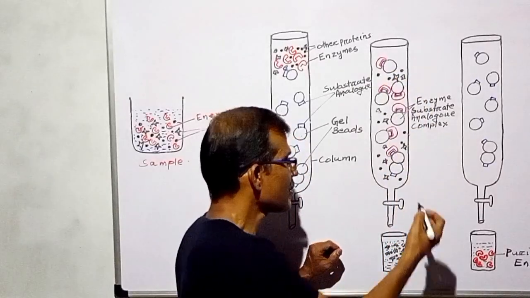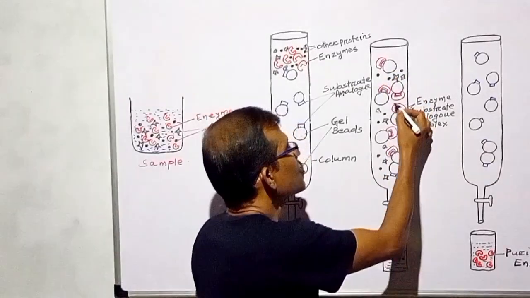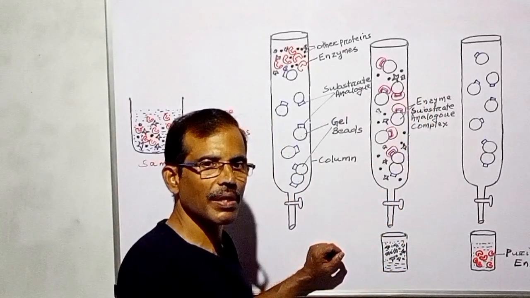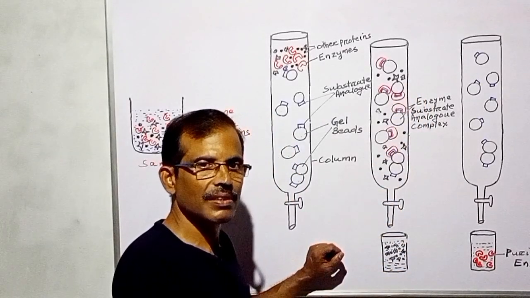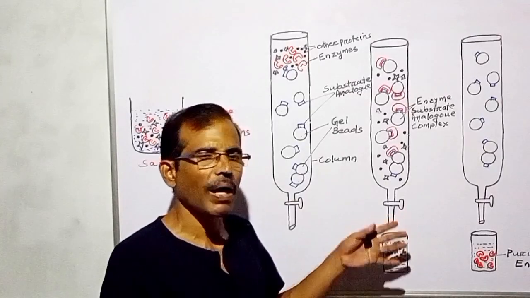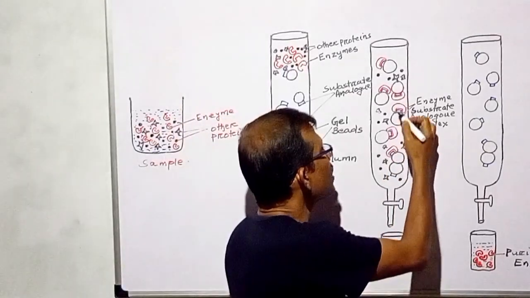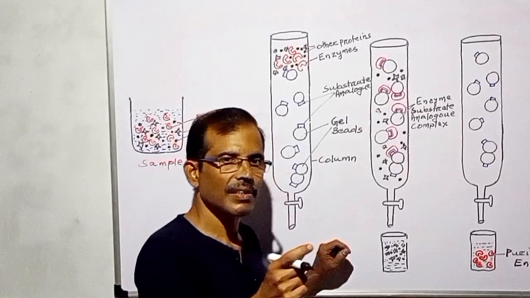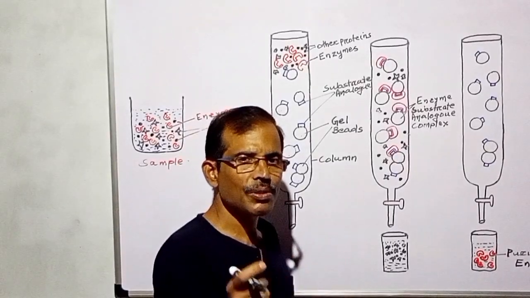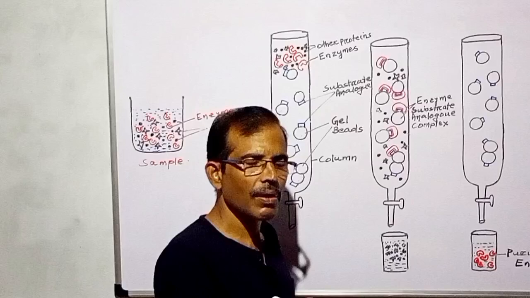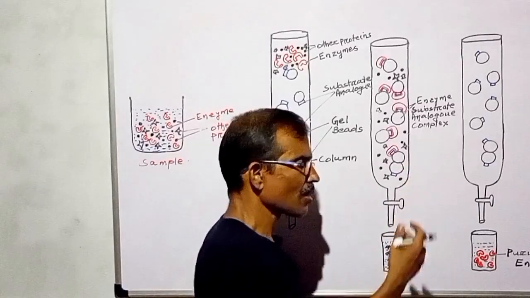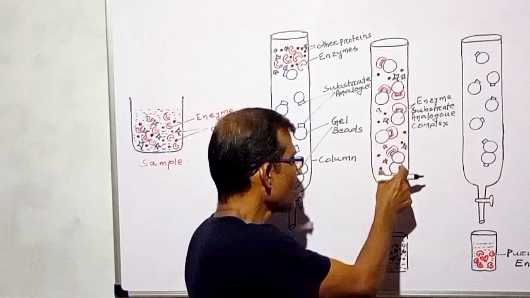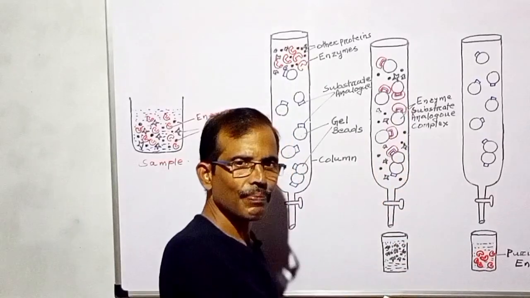In this case, the substrate analogs which have been immobilized on the surface of gel beads serve as ligands. Because of this binding, the enzyme that we want to purify will be retarded. Other molecules present in the sample will not bind to the substrate analog and hence they will pass down and come out of the column.